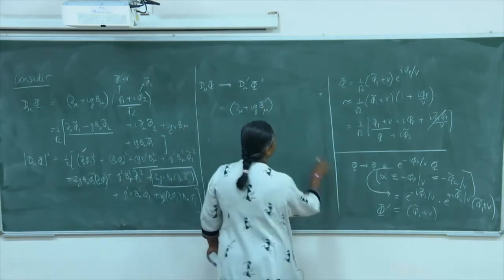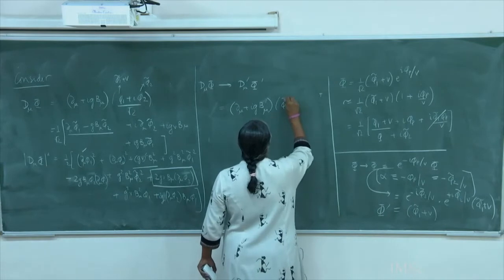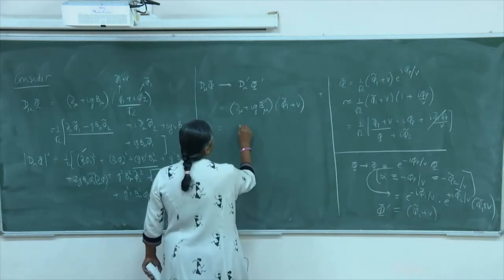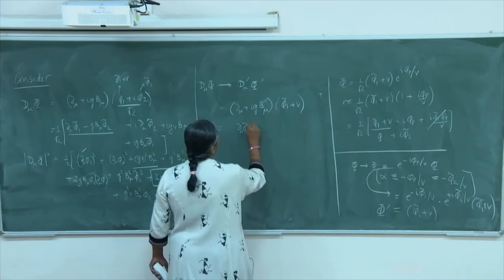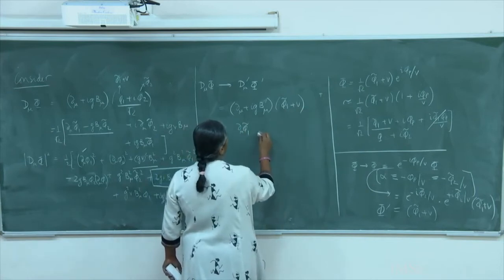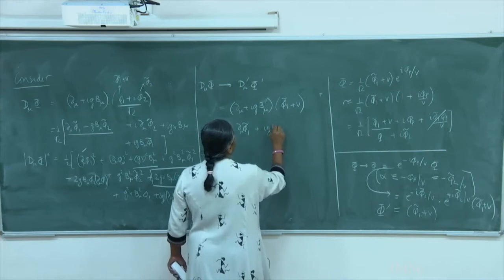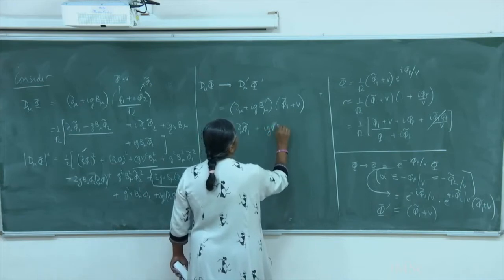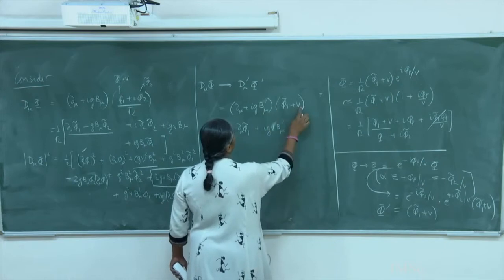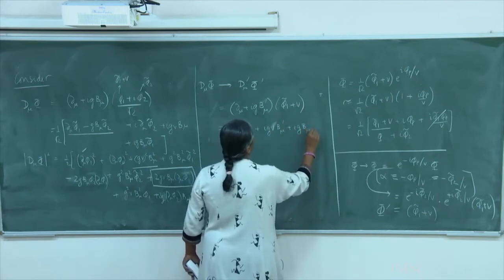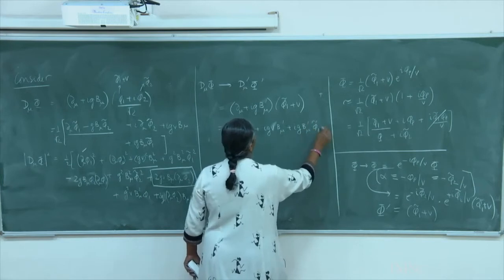And what is phi prime? It is simply phi 1 tilde plus v, which will be d mu phi 1 tilde, d mu on v is 0, plus i g v b mu prime. I have written the second term first, plus i g b mu prime phi 1 tilde.